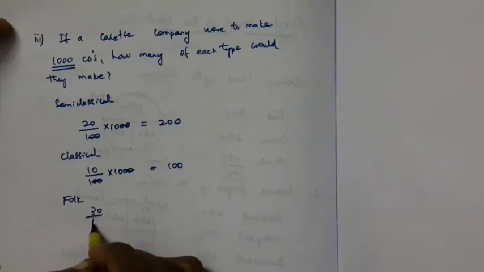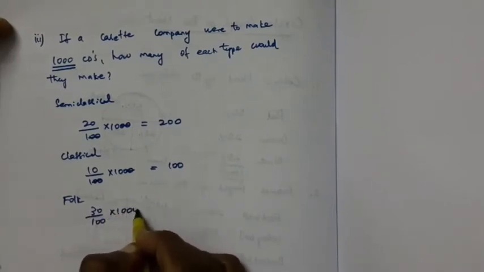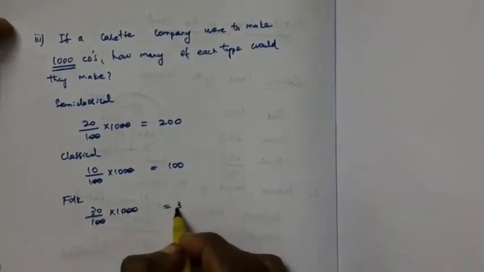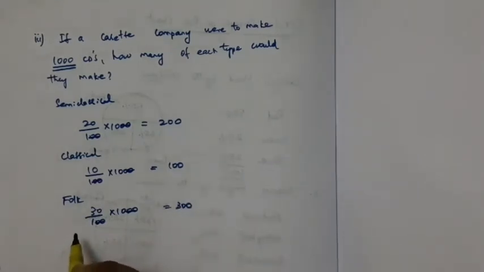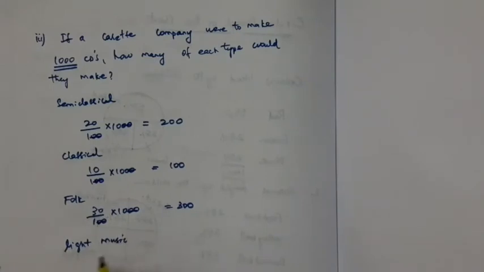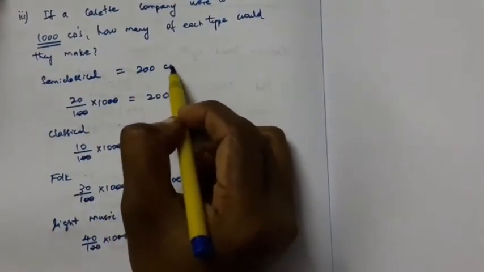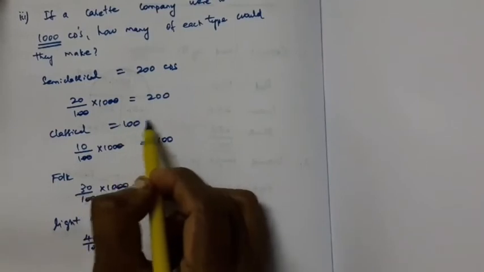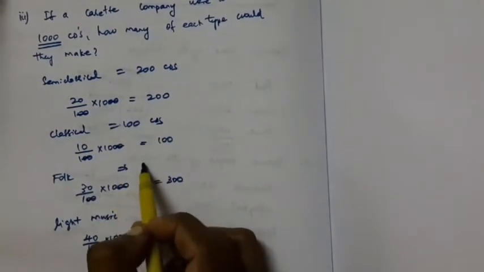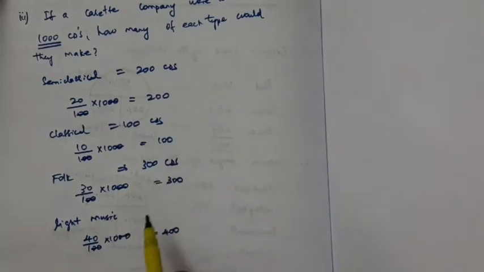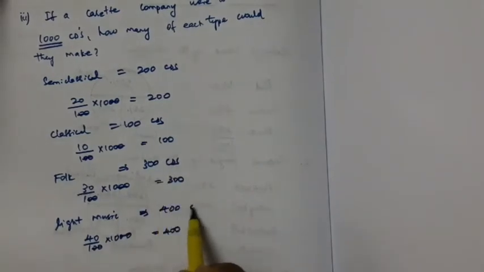Folk is 30 divided by 100 multiplied by 1000, which is 300. And the last one is light music, which is 40%, that is 400. So semi-classical, they have to make 200 CDs, classical 100 CDs, folk 300 CDs, and for light music it is 400 CDs.